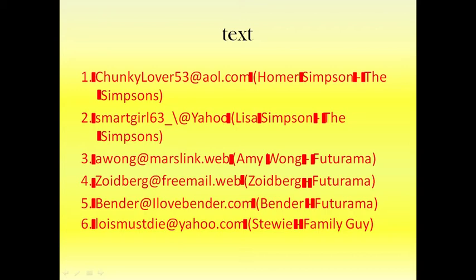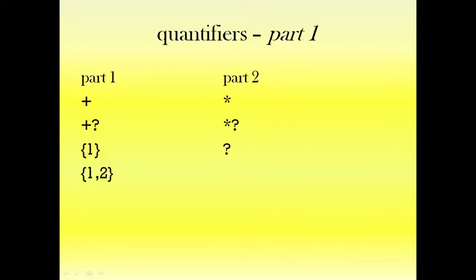That's very handy, and it's very handy with a quantifier. Now what does a quantifier mean? It means that we use these symbols after our regular expression to say how many we want. And today we're only looking at the characters you can see in part 1.